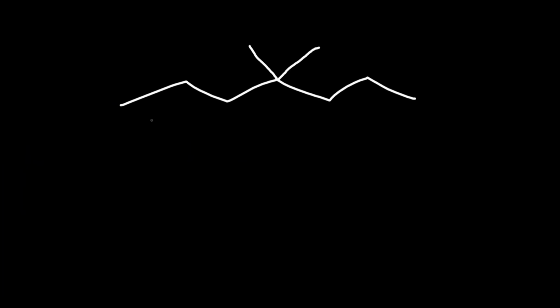What about this one? Our parent chain again is this one. And it does not matter whether we would count it this way or the other way around, because you see our substituent all ends at the 4th carbon position.